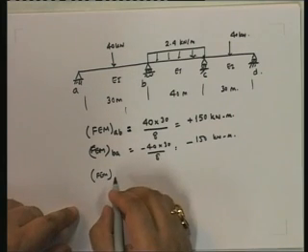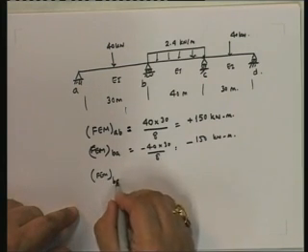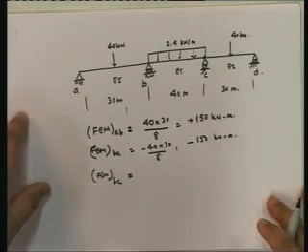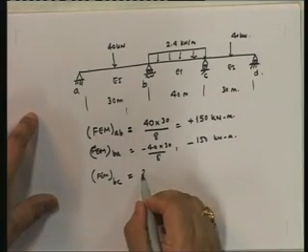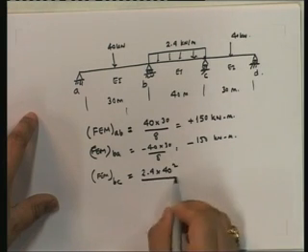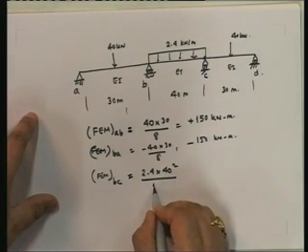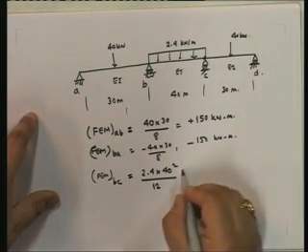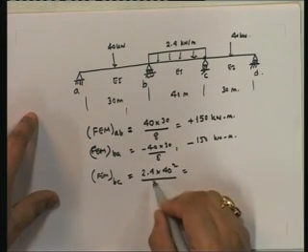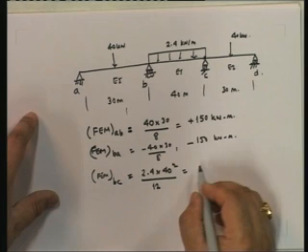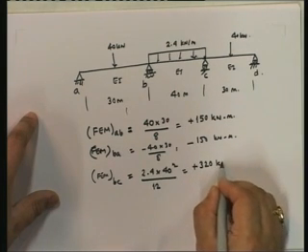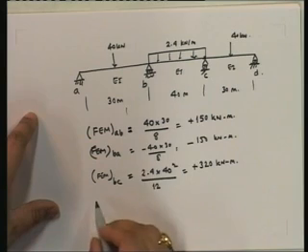Fixed end moment at BC is equal to 2.4 into 40 squared upon 12. So this is equal to 1600 into 0.2, that is plus 320.